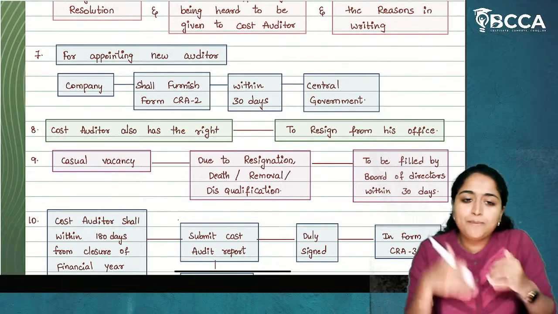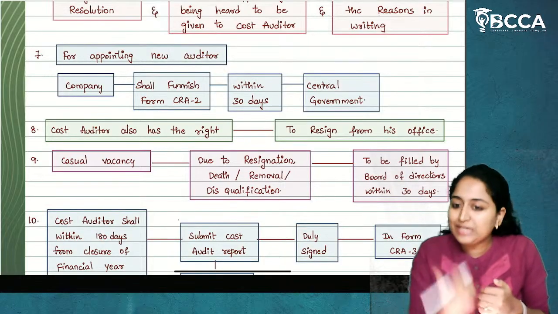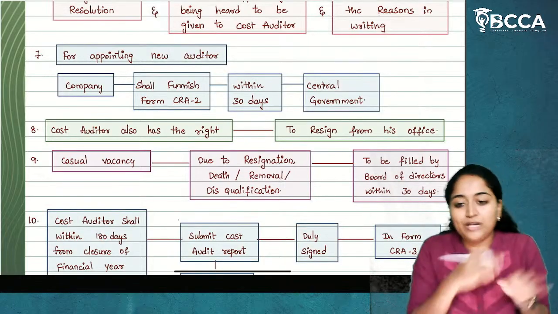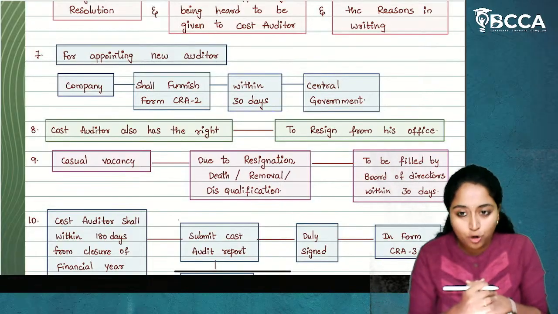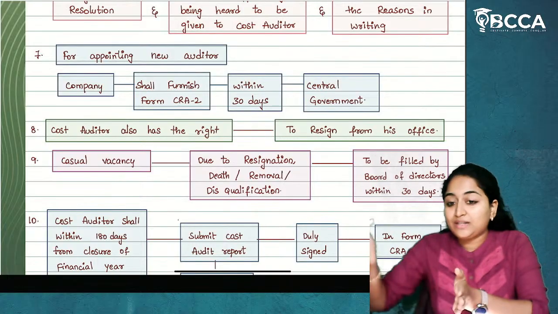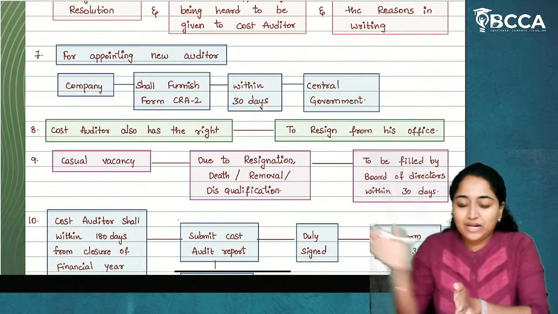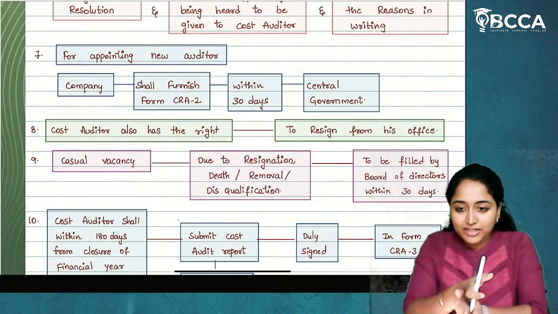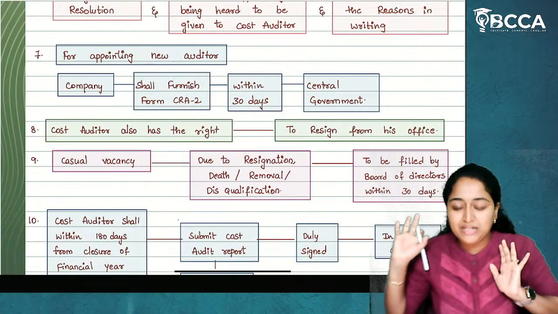The same procedure: the board meeting will be conducted, the board's resolution will be passed, the consent letter will be obtained, the certificate will be obtained; all things will be repeated again for the new cost auditor also. After that appointment, within 30 days, they have to file a notice to the central government. So, removal within 30 days, appointment within 30 days, file a notice to the central government.